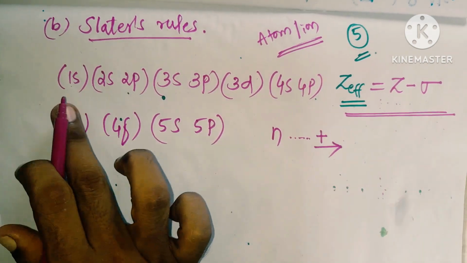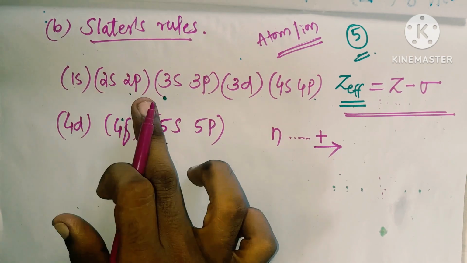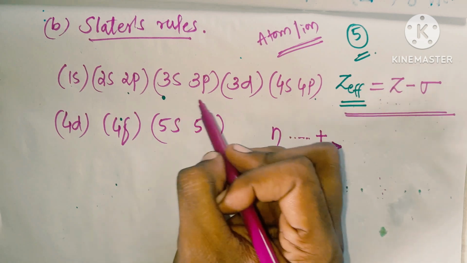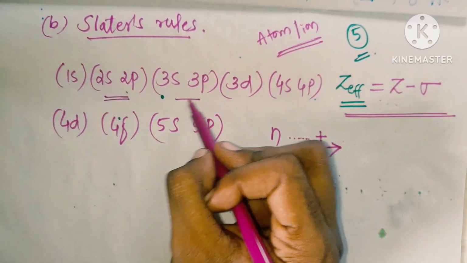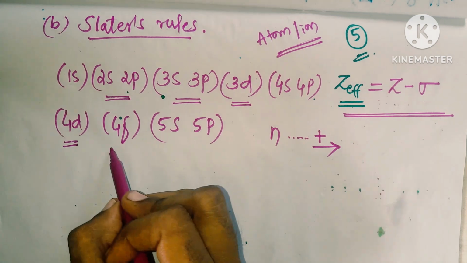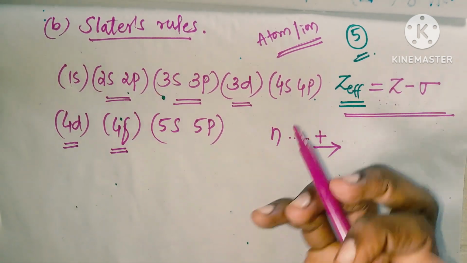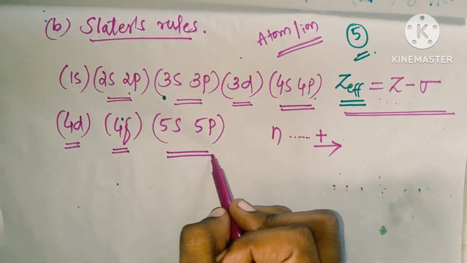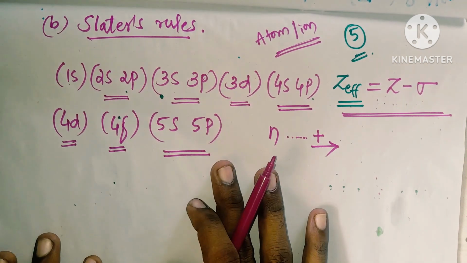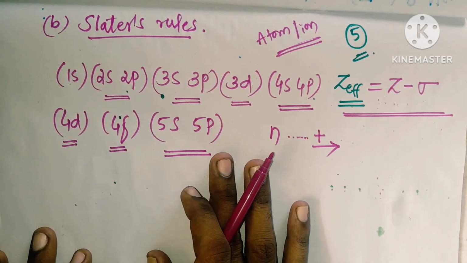Initially for n equal to 1, then 2, then 3, we group 2s and 2p together, 3s and 3p together, while d is kept separately and f is kept separately in a single group, whereas s and p are grouped as a whole. This will be the rearrangement of the electronic configuration.